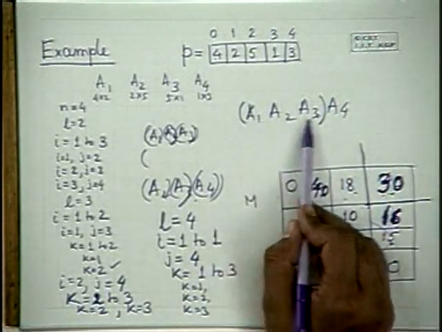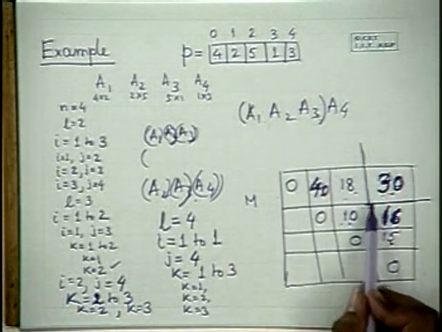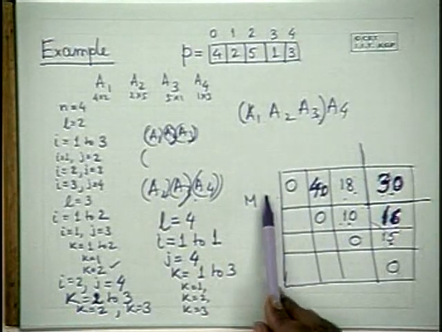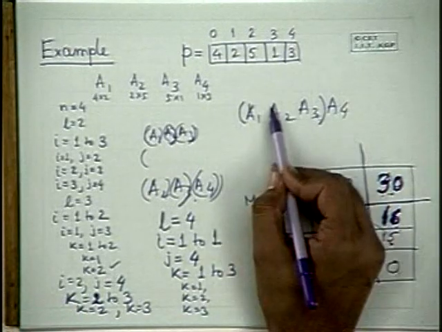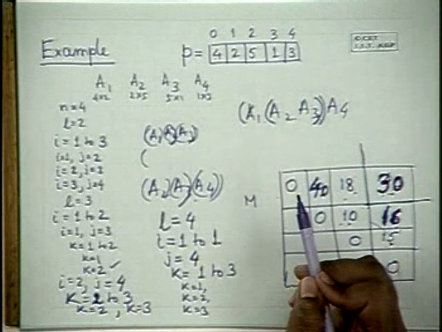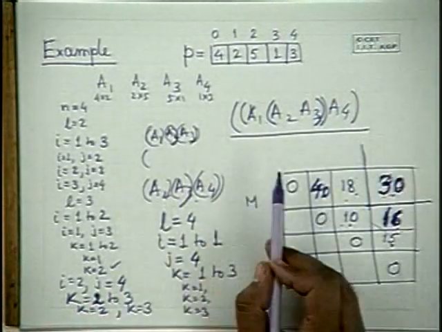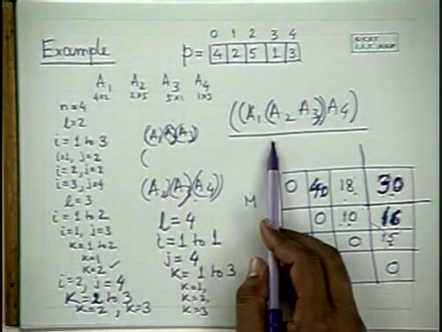Now for A1, A2, A3, that is A13, which gave you the better thing? A13 is 18. Which gave you 18 actually? It was 2 3. So that was the parenthesization. So this is the entire parenthesization now. You know now that this is the one which gives you the minimum number of multiplications.